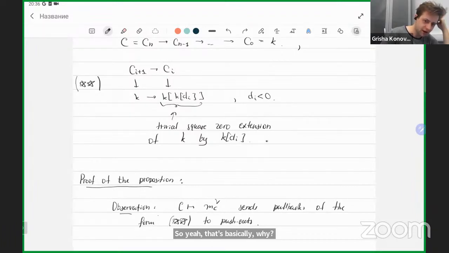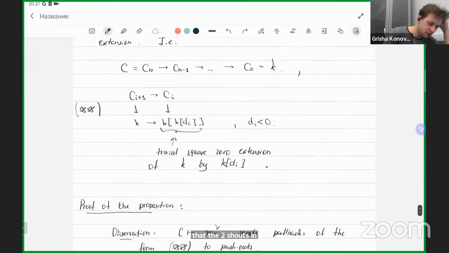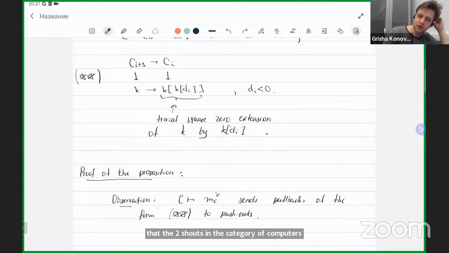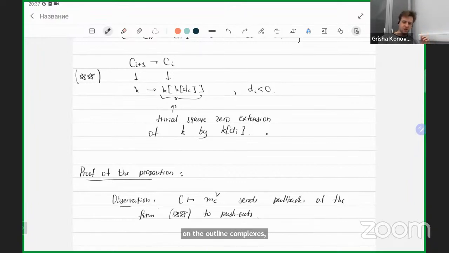And the final observation that we need in order to make the observation work is that the push outs in the category of coconnective cocommutative coalgebras are computed on the underlying complexes, because the forgetful functor is a left adjoint and it is conservative.